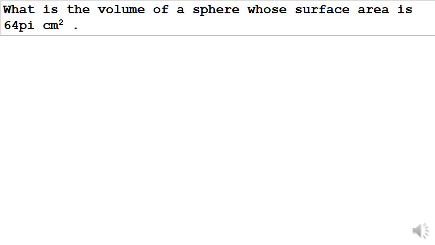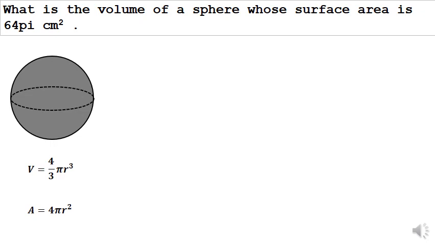Let's try. What is the volume of a sphere whose surface area is 64 pi centimeters squared? We have a sphere, this is the volume, and that is the formula for the area. The area is defined to be equal to 64 pi. We are asked to compute the volume.